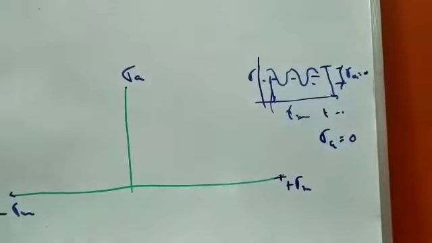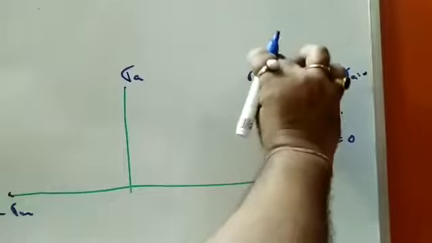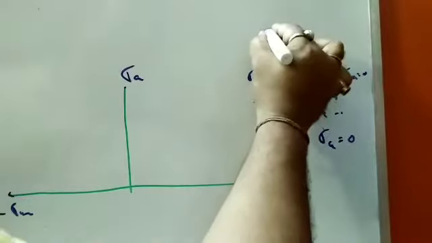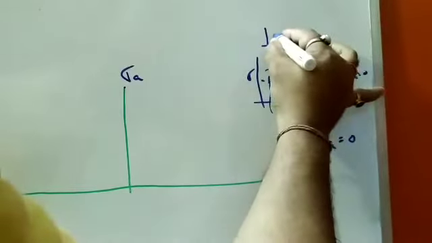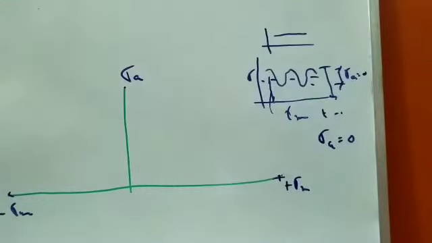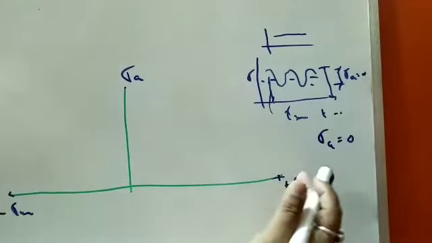If this is 0, then what happens? This becomes a straight line. That means it becomes a case of static loading, where the load or the force does not repeat itself with time. Then the design criterion should be yield stress or ultimate stress. No problem.